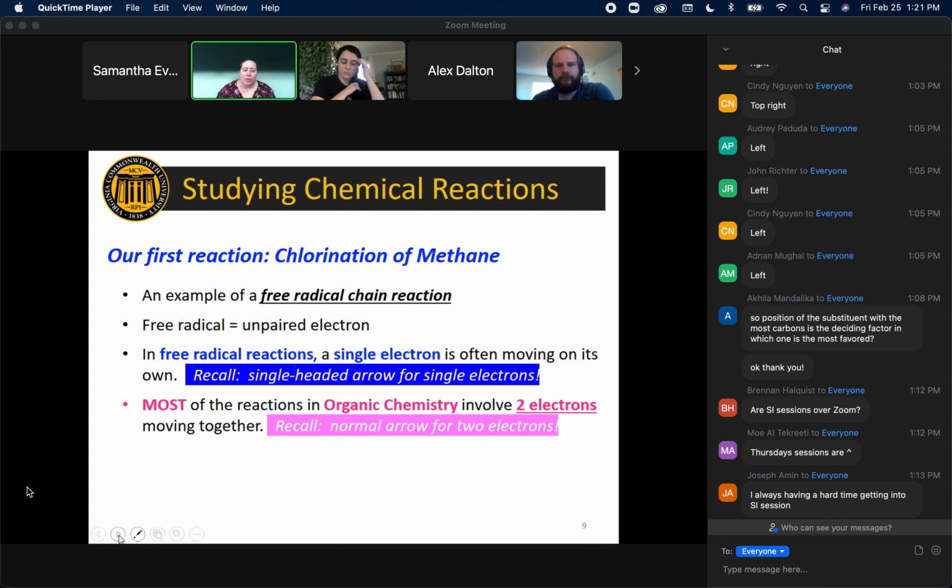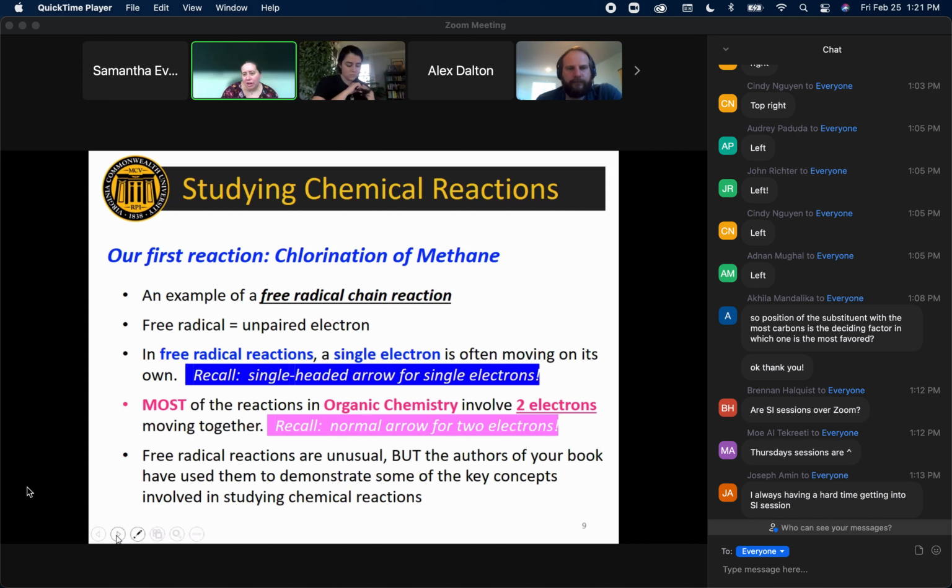But for whatever reason, the authors of your book have decided to start off your entry into organic chemistry reactions with a very unusual type of reaction that's a free radical based mechanism. This is not the normal typical type of reaction, but it is the reaction your authors have decided to use to demonstrate concepts of thermodynamics and kinetics. Because I've told you I'm going to follow this book as it comes, that's what we're going to do too.